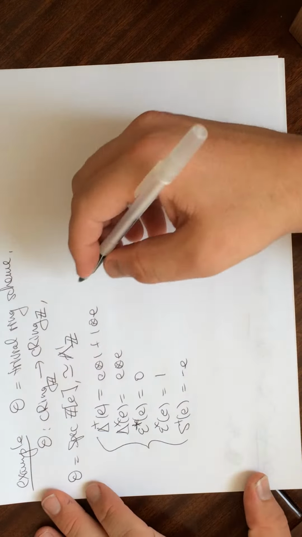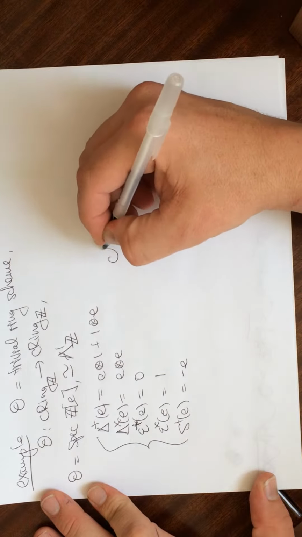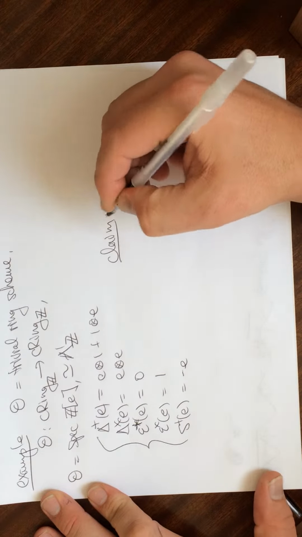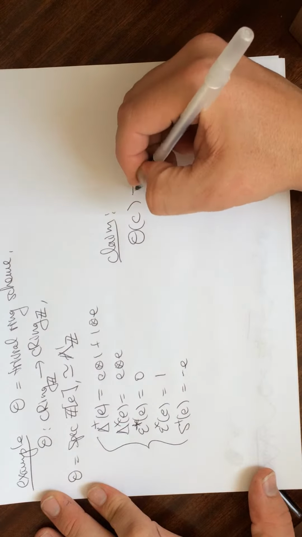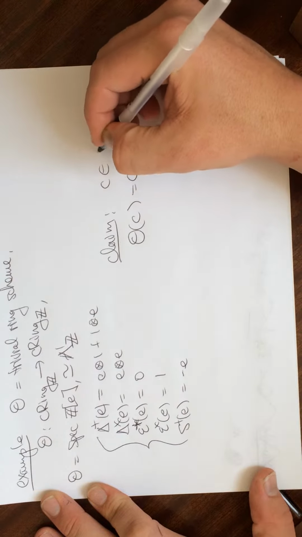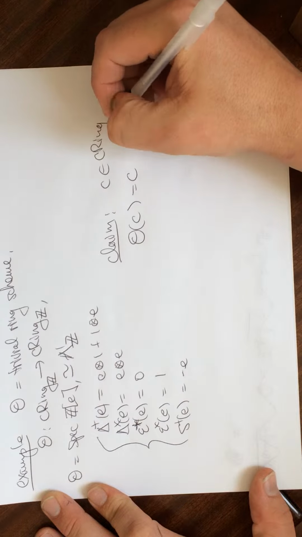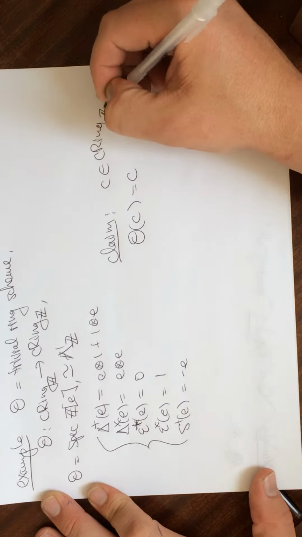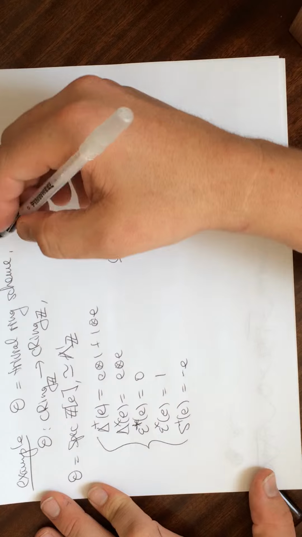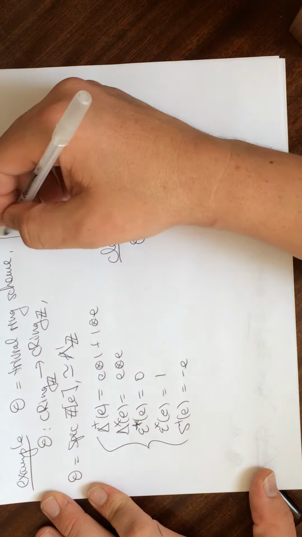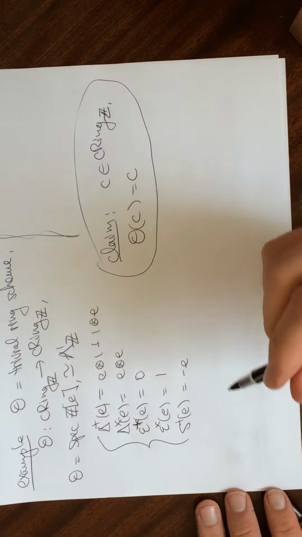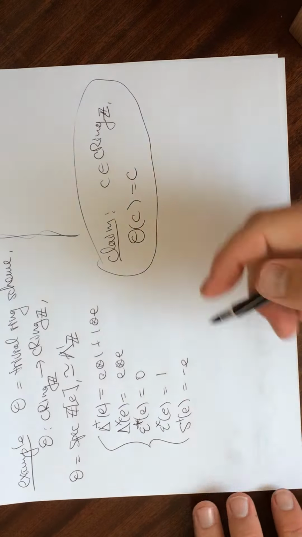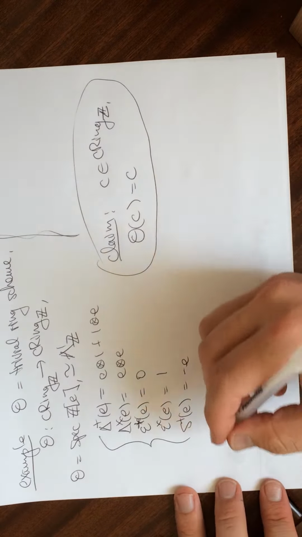So the claim was that, with this structure, O of any ring C is going to be equal to C, for any ring. Okay, so this is what we have. And let me just show you how this works.